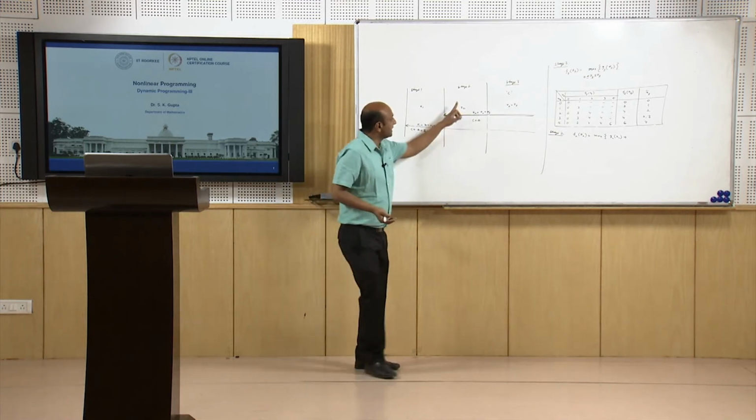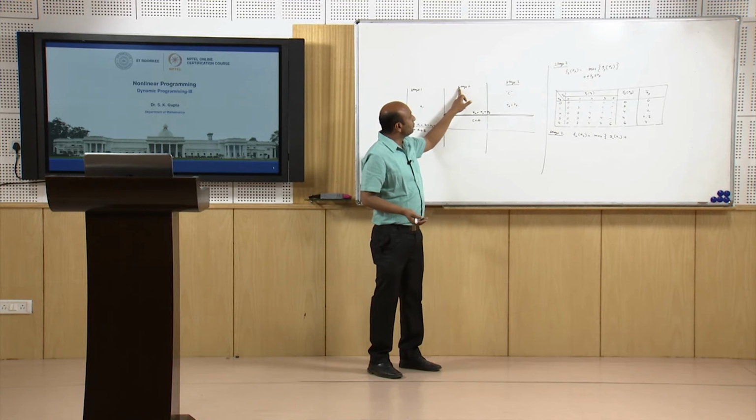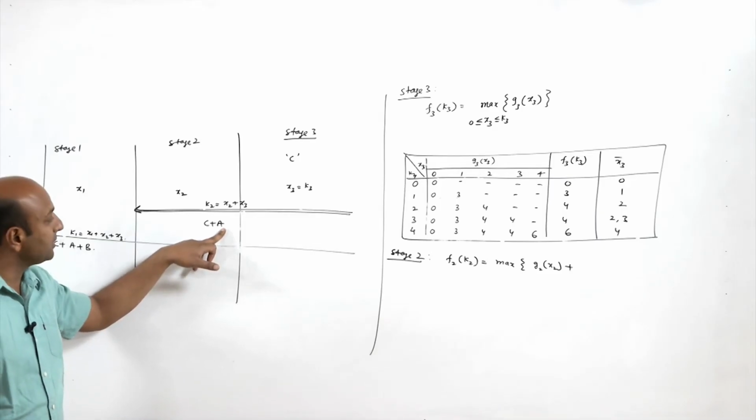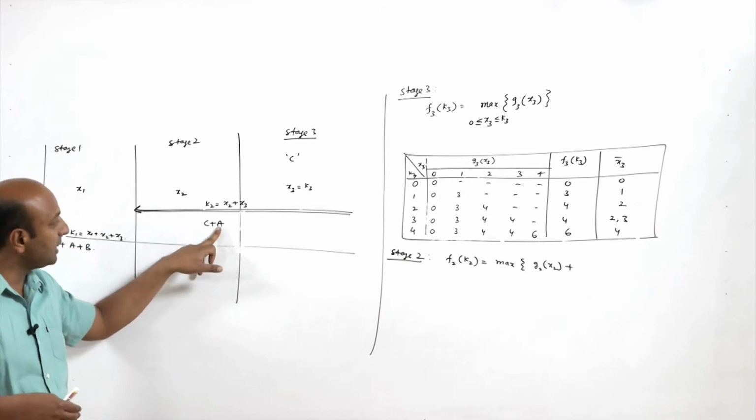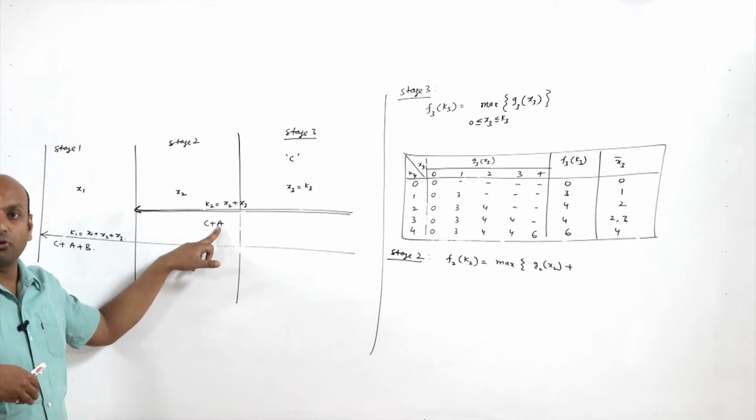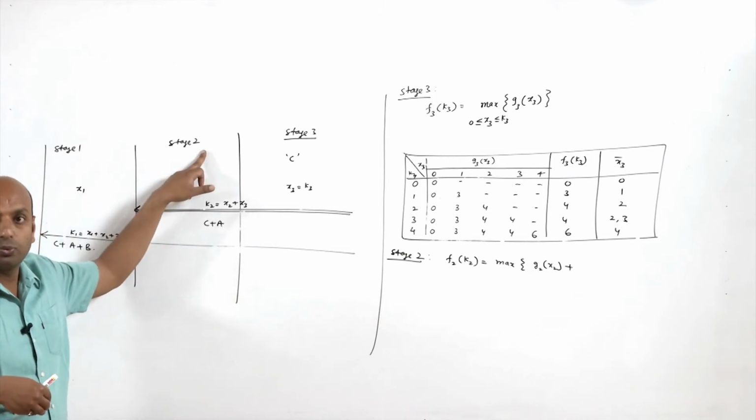You see, up to this stage 2 plants are available, C and A. The net output of these 2 plants will be the maximum return obtained from stage 2.